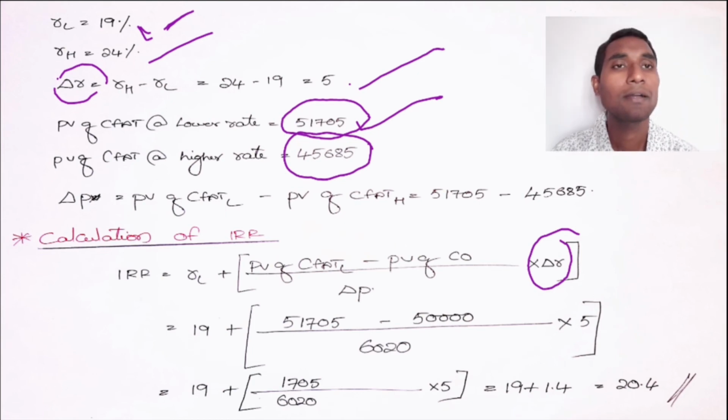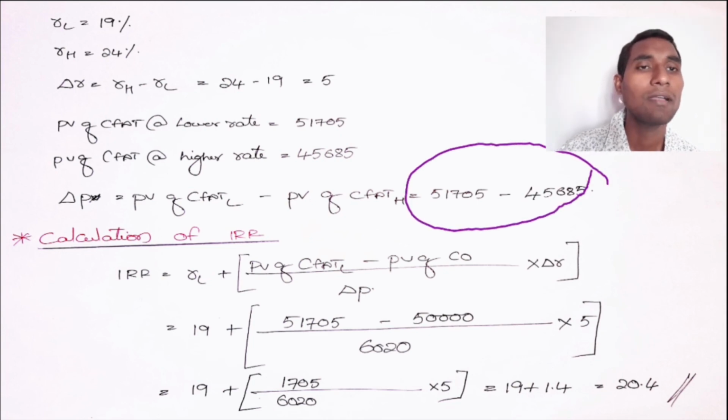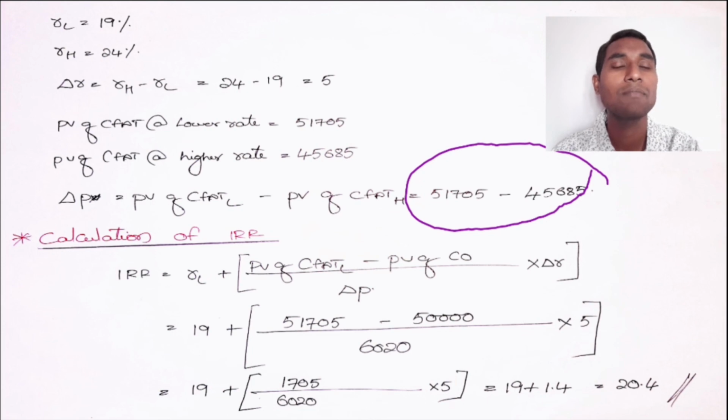Now I want to calculate my delta PV. So PV of CFAT at lower rate minus PV of CFAT at higher rate will result in my delta PV. So that is 6020. Now I have a formula. IRR is equal to RL plus, RL means lower rate, plus PV of CFAT at lower rate minus PV of CO divided by delta PV into delta R. So lower rate is 19%.